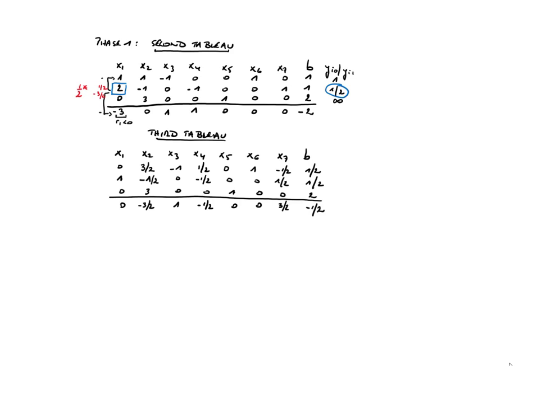After calculation, you obtain the third tableau of phase 1, and you can see that R2 is negative, so we still have not obtained the optimal solution.